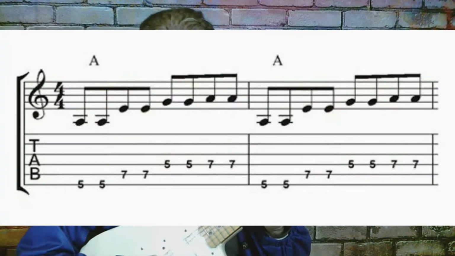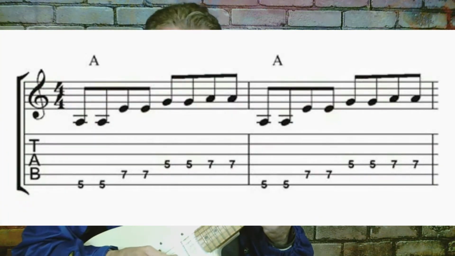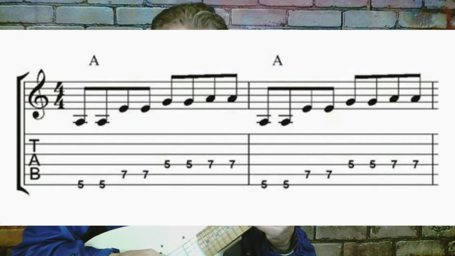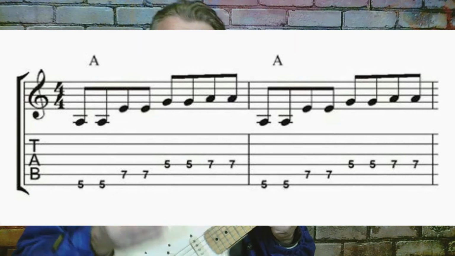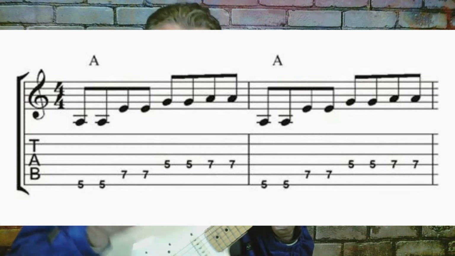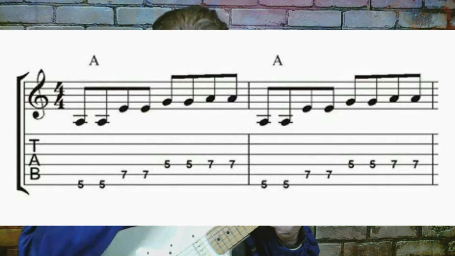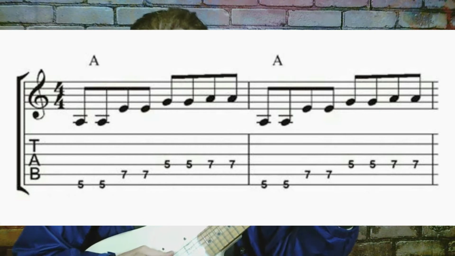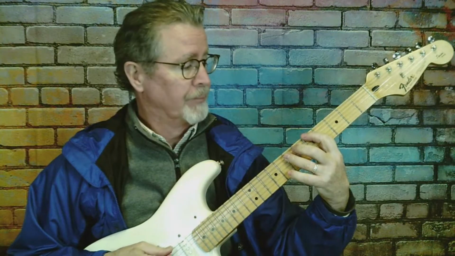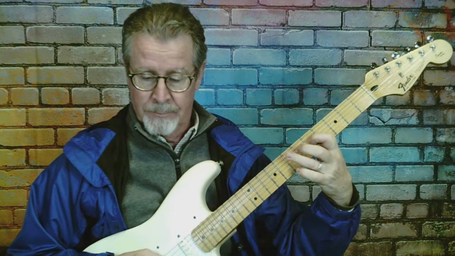Okay, so the first thing that we have actually has the notes and the tab, so that's pretty good. You can see the notes. It's just a riff: 5-5-7-7, 5-5-7-7.